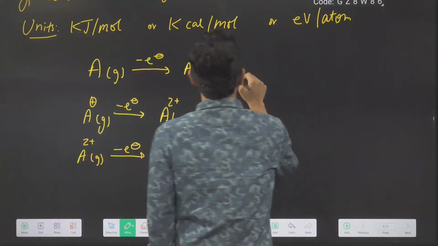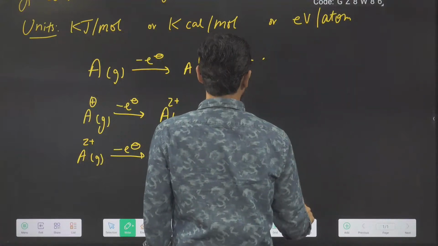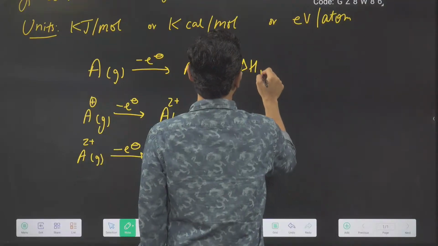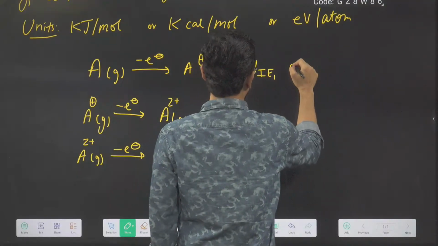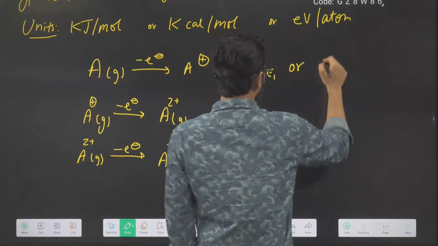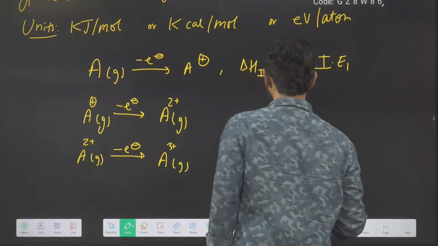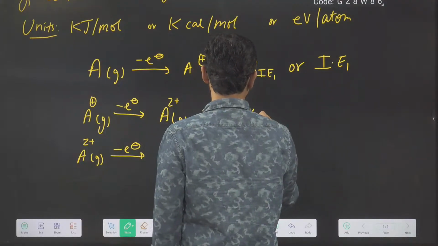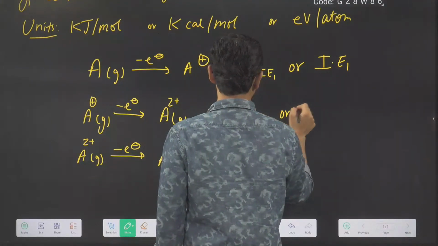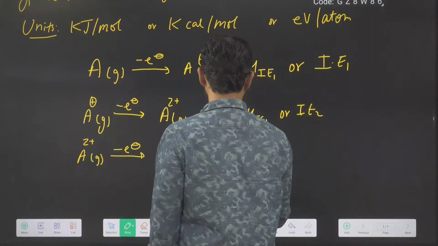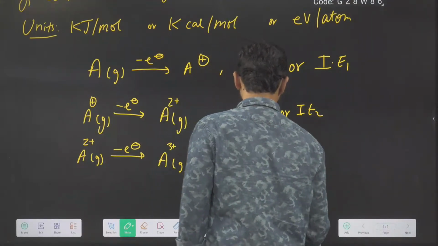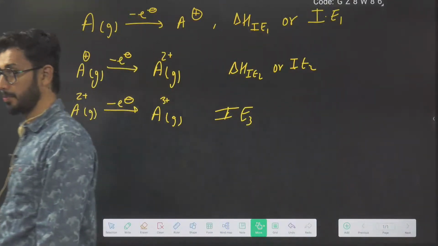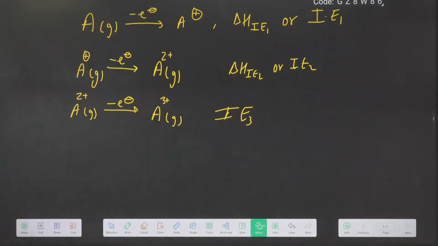First value or first term is IE1 or delta H1, also IE1. Any term can be given, we can understand. Take IE3.